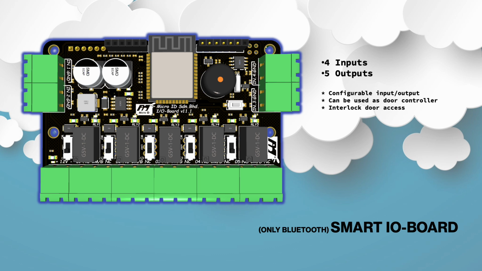That means for those who have our I/O board for other use cases, like panic button or automation functionalities, you can now add a Bluetooth app and trigger them. It has 4 inputs here. Our Bluetooth app has up to 4 buttons, so you can trigger each one for each functionality.